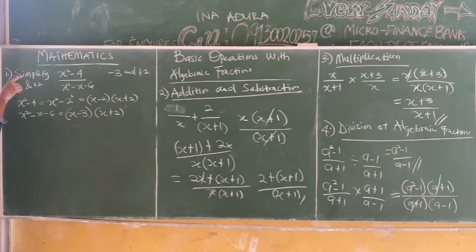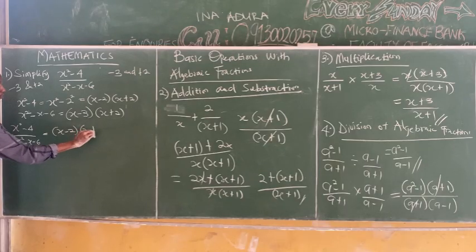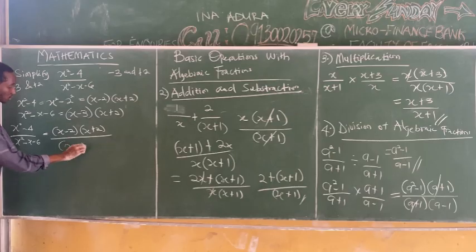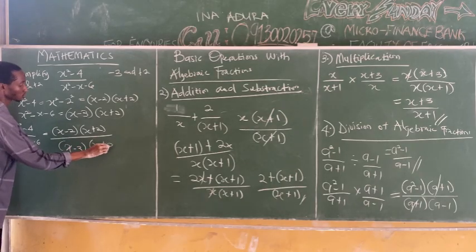Instead of writing x squared minus 4 all over x squared minus x minus 6, x squared minus 4 is the same thing as x minus 2 into x plus 2, divided by x squared minus x minus 6, which is the same thing as x minus 3 into x plus 2.